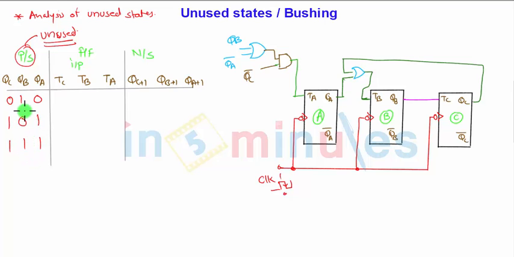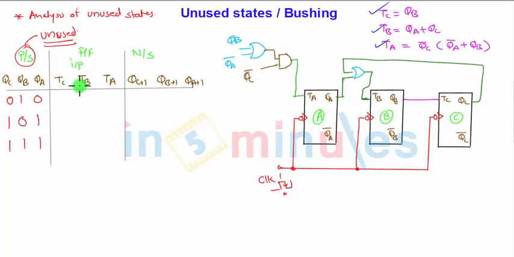So for state number 2, if the present state is 2, then let me mention here: TC is equal to QB, TB is equal to QA plus QC, and TA is equal to QC bar multiplied with QA bar, or with QB. So with the help of these three equations, we need to find out the inputs.